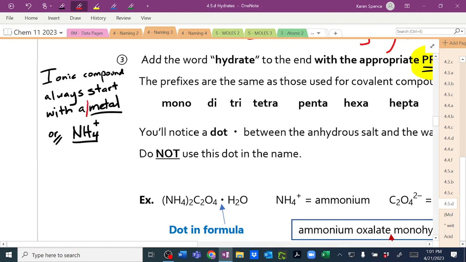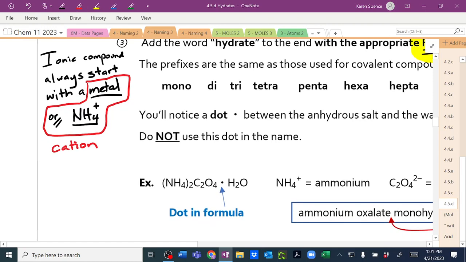Okay, so the metal or the NH4, that is your cation. That's the positive ion. And then there's just going to be an anion, just one anion, not multiple anions, just one type. Okay, you might have more than one of that particular type, but then you'll just have plus an anion.